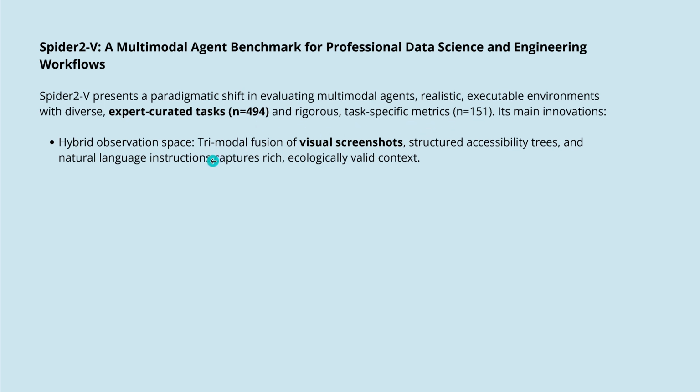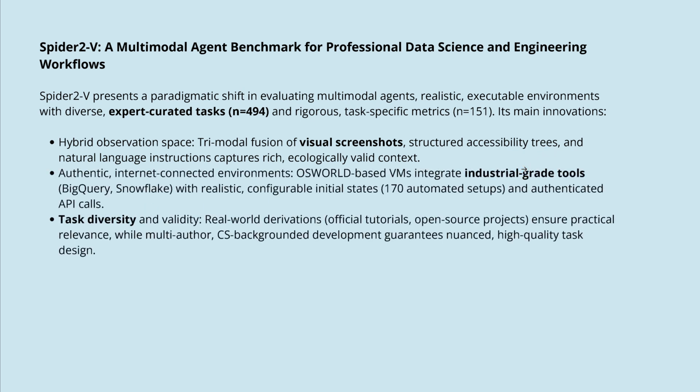And they now go here, as I showed you, a tri-modal fusion. You have visual screenshots, you have structured accessibility trees, you have natural language instructions, you have some rich content. Then you have some internet-connected environments. You have industrial-grade tools, BigQuery, Snowflake, realistic topics.